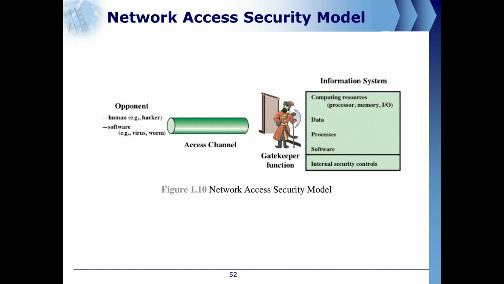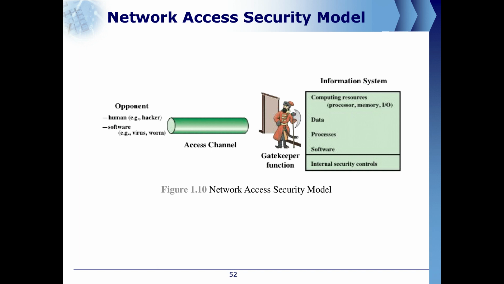Network Access Security Model. In Figure 1.10, the Network Access Security Model depicts a scenario where opponents, both human, for example hackers, and software-based, for example viruses and worms, attempt to access the system through a channel or tunnel. The gatekeeper function serves as a protective barrier against unauthorized access.